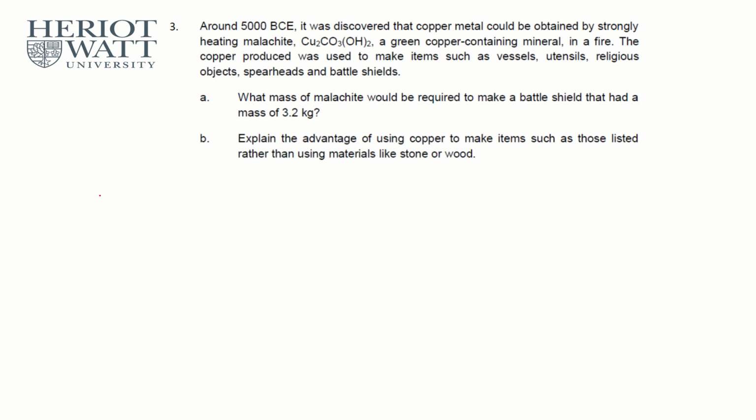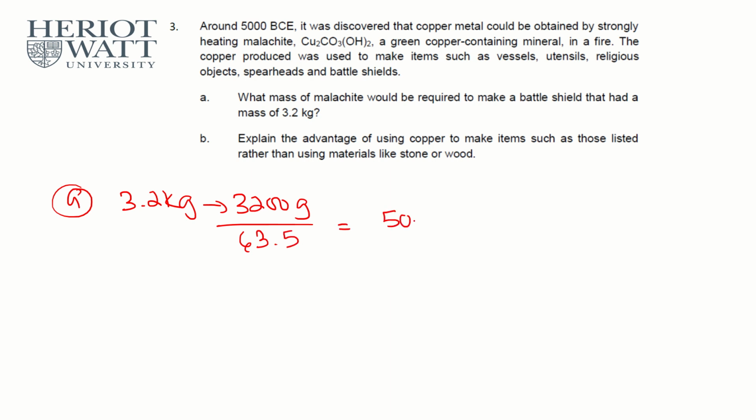First of all, for A, we're trying to convert whatever is given into mole. So we're going to use 3.2 kg, which is equivalent to 3,200 grams, divided by the molar mass of copper, 63.5, which equals 50.4 moles of copper needed.